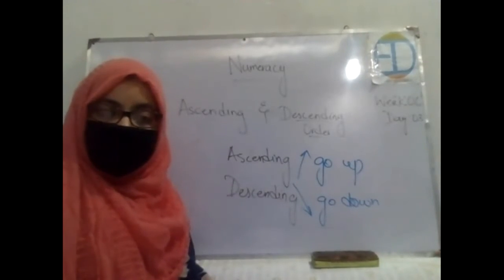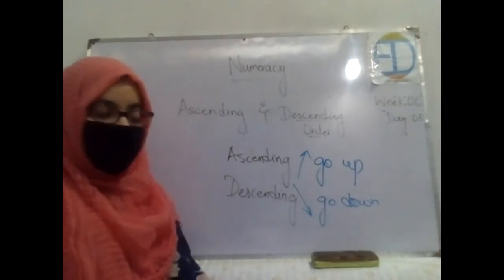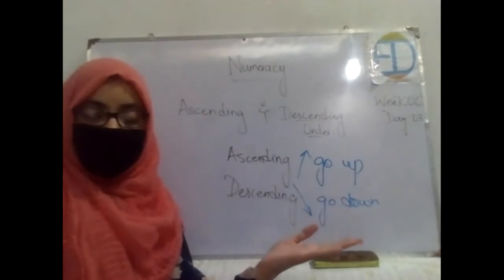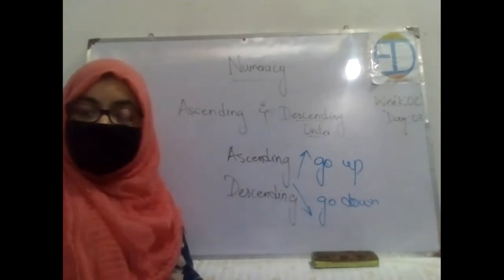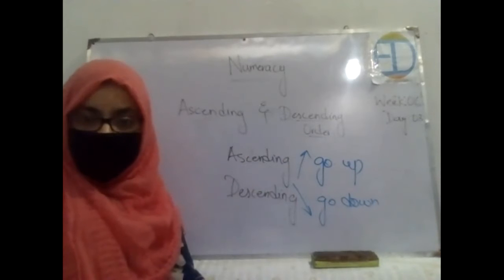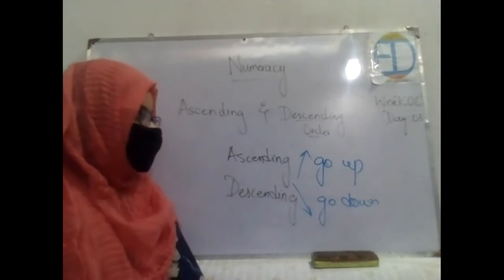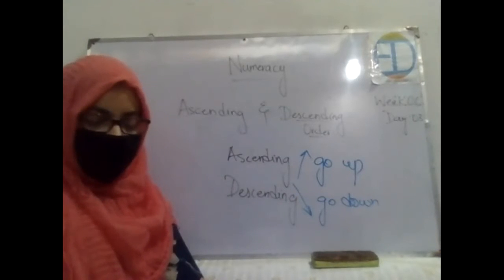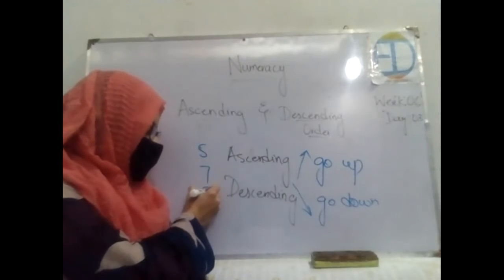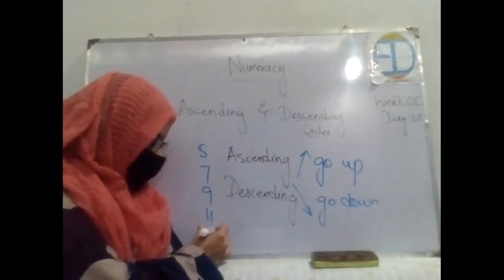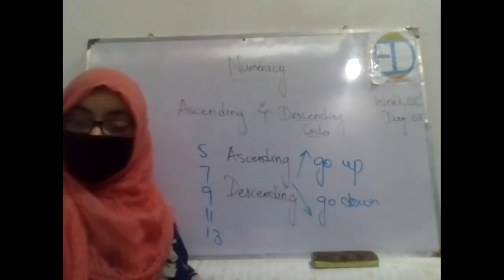So what is the understanding you get from these terms? I have told you that ascending means go up and descending means go down. So what does it mean by go up and go down in case of numbers? Let's say there are 5 numbers given to you: 5, 7, 9, 11, and 13, and someone asks you to write them down in descending order.